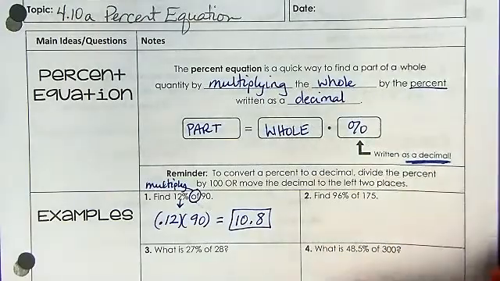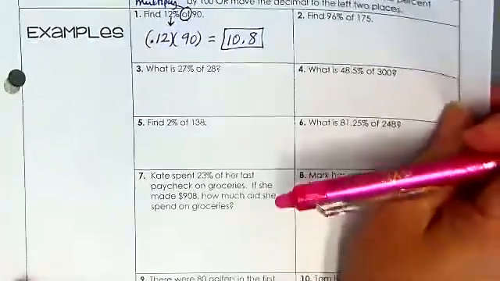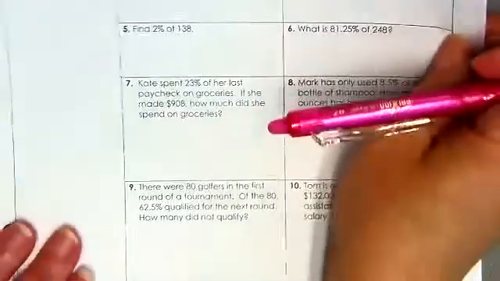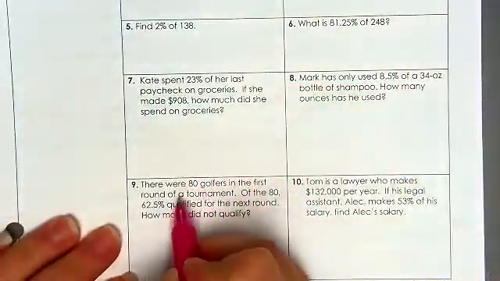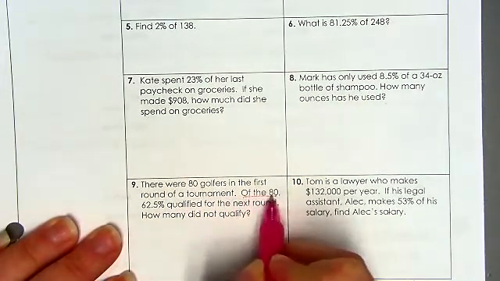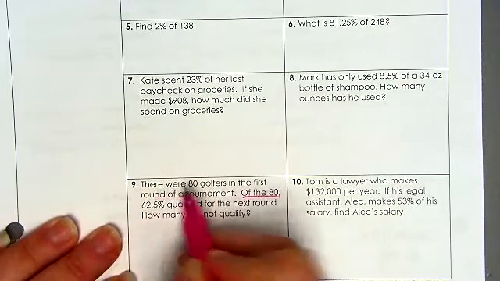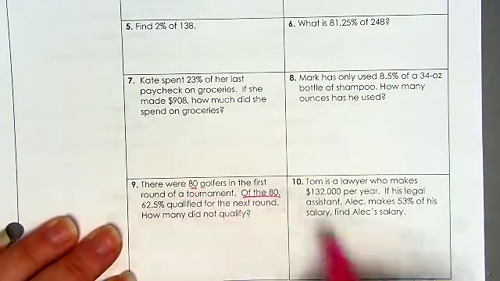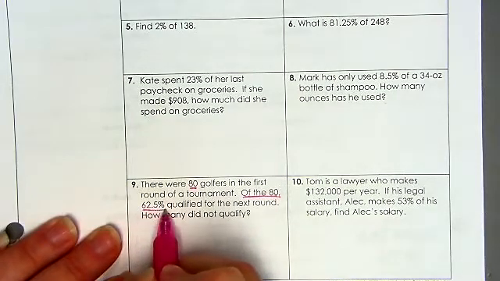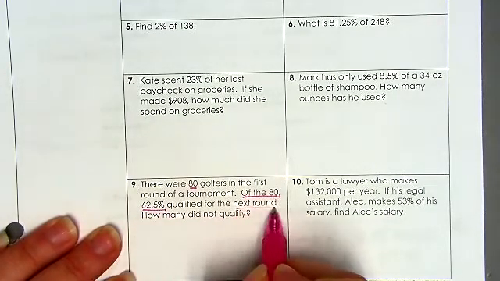Okay, jump down a little bit and we're going to go down to number 9. So we have a little bit more application scenario here. There were 80 golfers in the first round of a tournament. Of the 80, 62.5% were qualified for the next round.